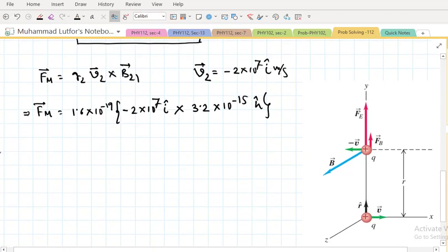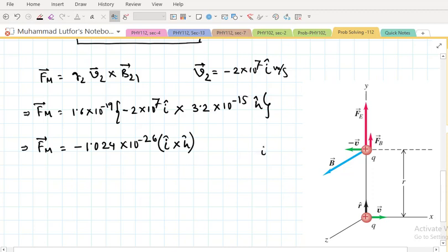Fine. Then I can write the magnetic force on proton 2 created by proton 1. If you do that, I'll find there is a minus sign. I factor out that one. It should be minus 1.024 into 10 to the power minus 26 i cross k. This is the vector quantity.